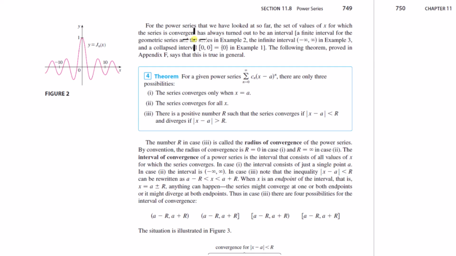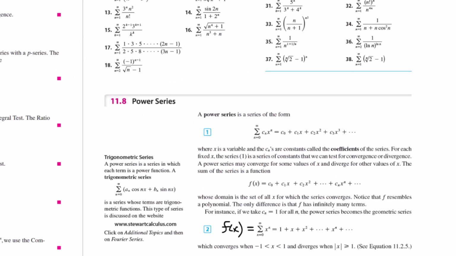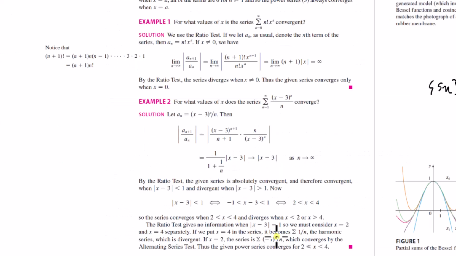which the series is convergent has always turned out to be an interval: a finite interval for the geometric series, in the series in example 2, the infinite interval in example 3, and a collapsed interval. So if we come back, we had this geometric series where the interval was -1 to 1, and that's it. One interval. Same thing in example 2.